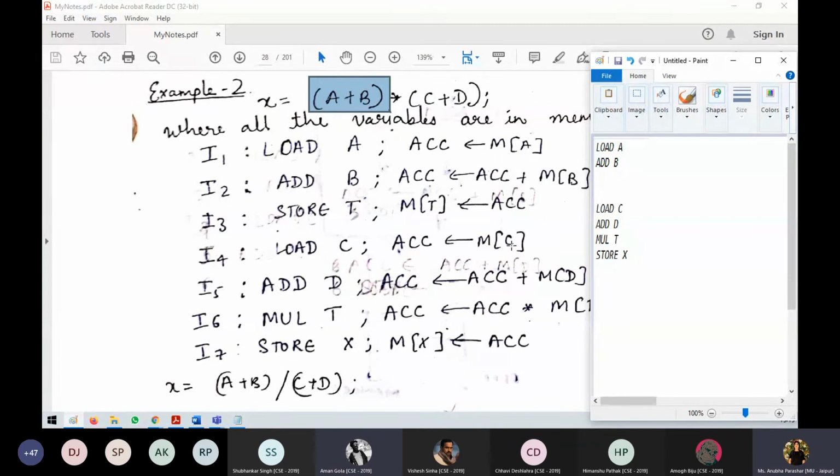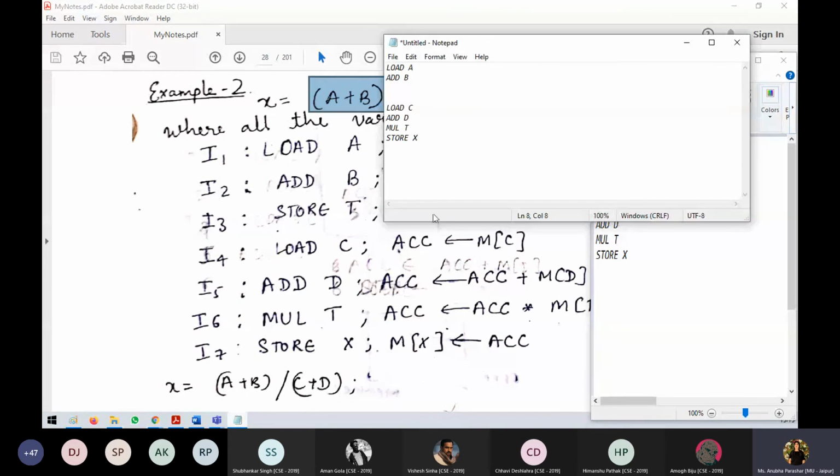Okay, you want to load this in the temporary register, right? So instead of load C, you'll use the command move.